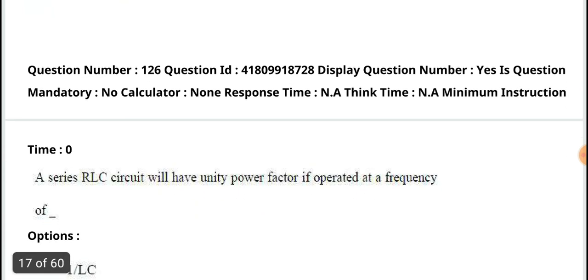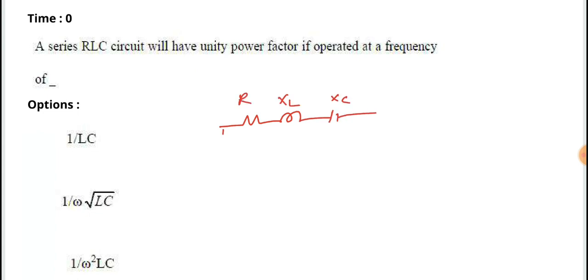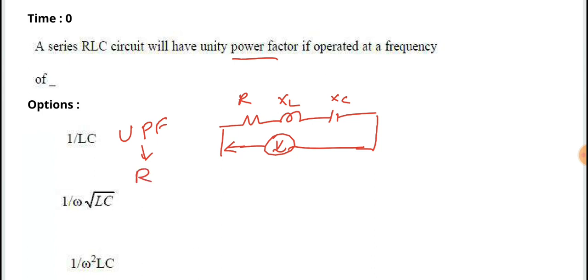Okay, next one. A series RLC circuit has unity power factor if operated at a frequency. If you take a series RLC circuit with XL and XC here, when you are operating at a voltage V of sinusoidal supply, unity power factor means the load will be resistive in nature.